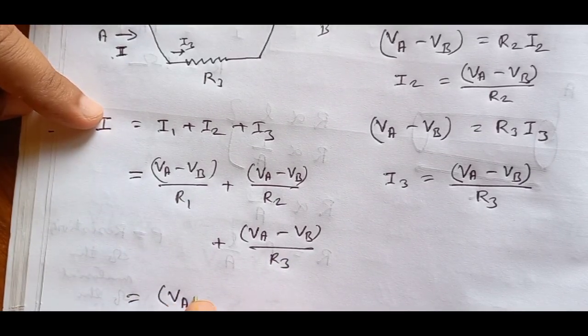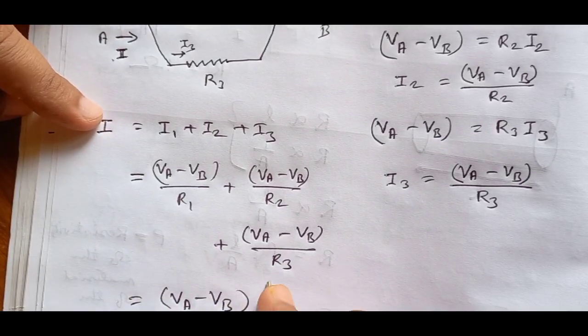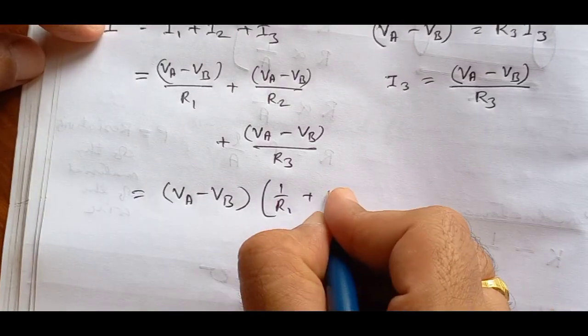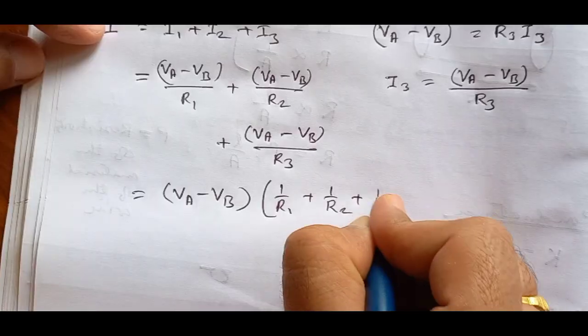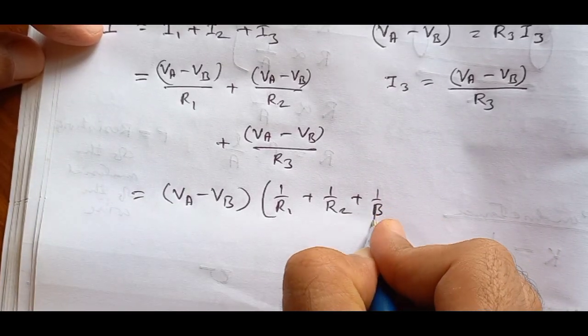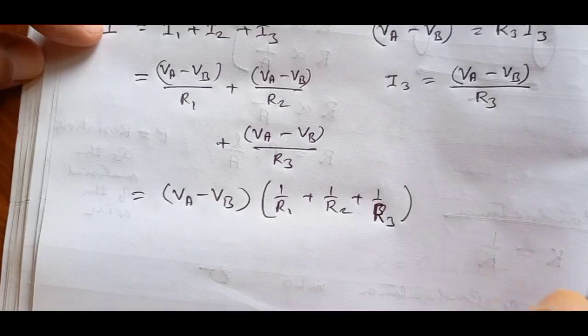VA minus VB common, 1 by R1 plus 1 by R2 plus 1 by R3.